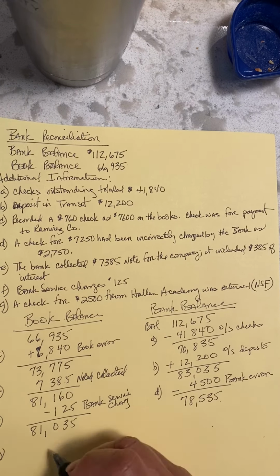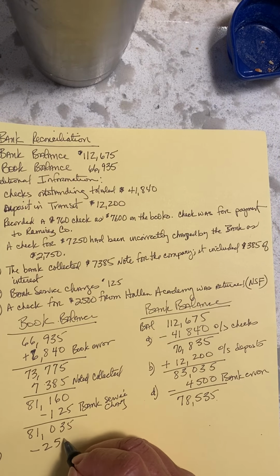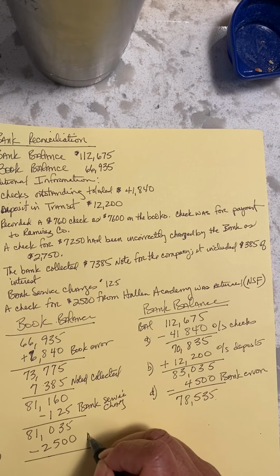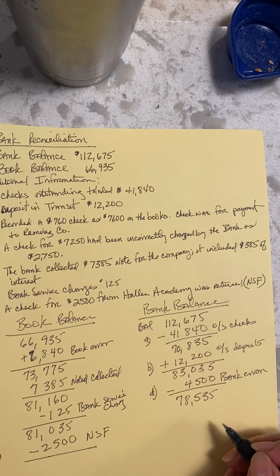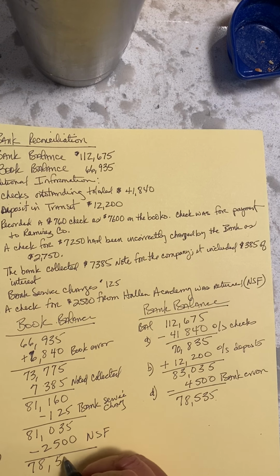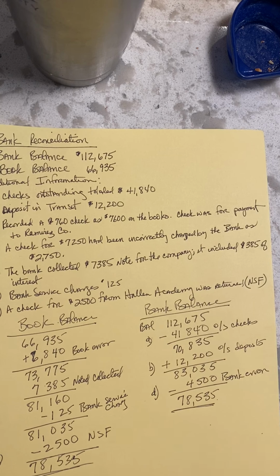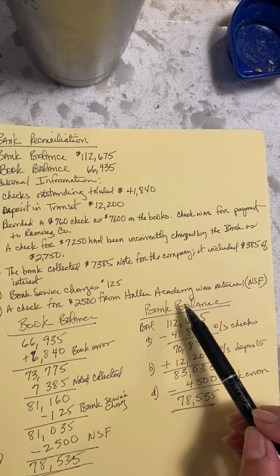So the NSF check we have to subtract, and that's called an NSF check, non-sufficient fund, and that equals 78,535.